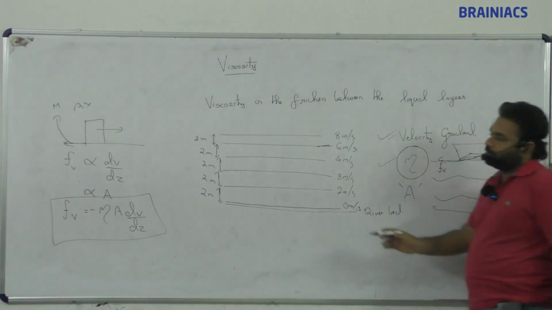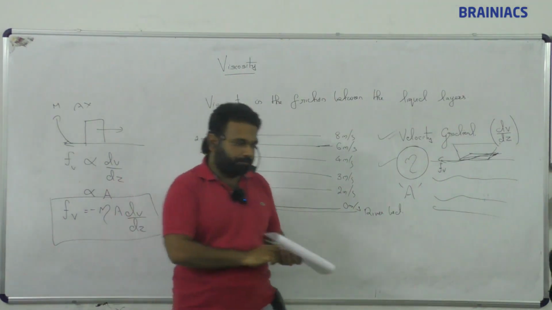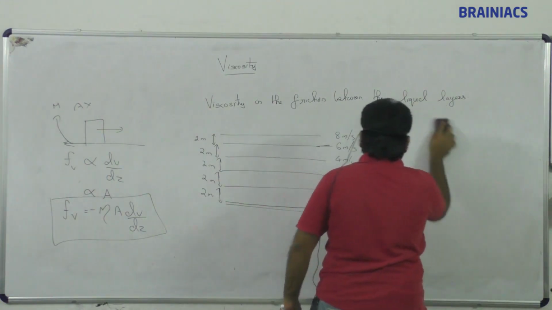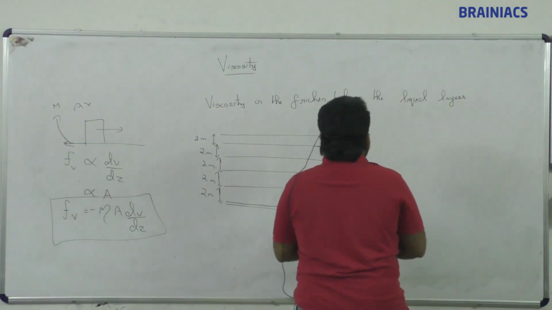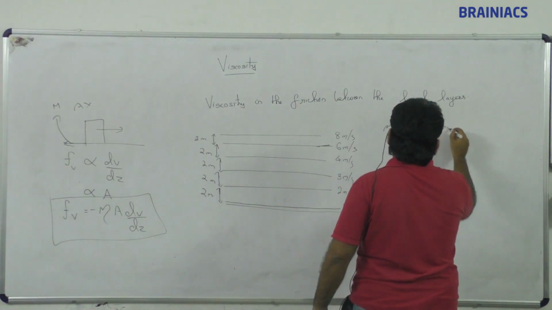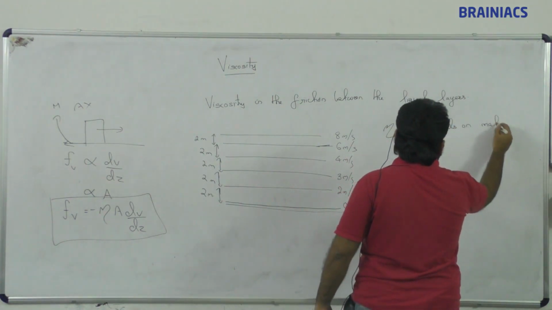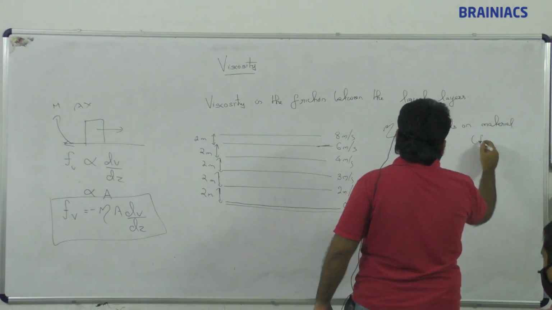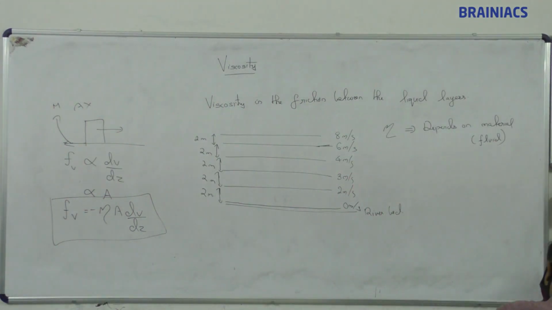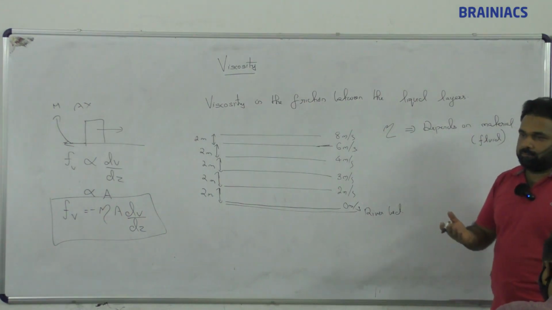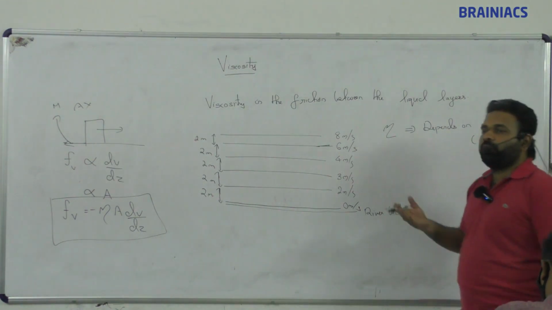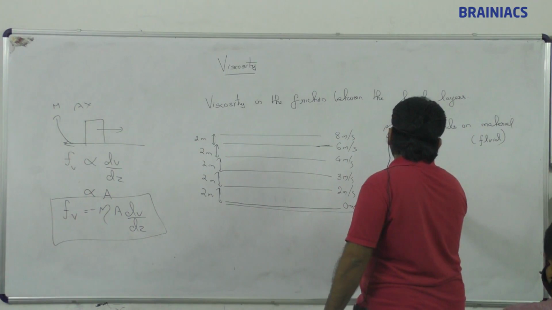So this viscosity depends on the material. This coefficient of viscosity depends on the material. Material means which fluid: water, then tar, we know on the road we put tar, grease, oil, everything will have different viscosity. Then this depends on what?